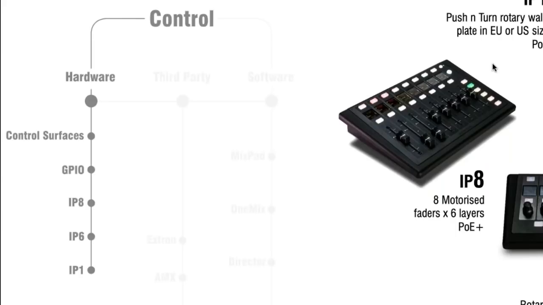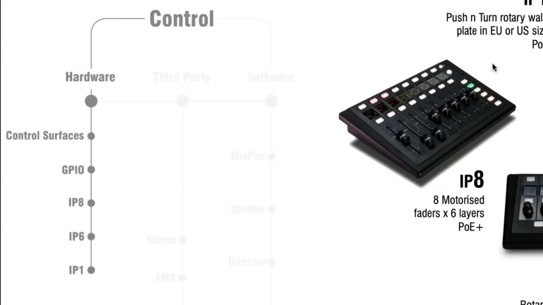And as you can see, it's just a very simple push and turn dual function rotary encoder and an LCD display. So you can imagine uses like simple level control for a room, but also preset changes if you want to change the configuration of a room by pressing the button and scrolling through a list. Or maybe source selection. So again, I've got control of the level, but I can press the button and choose the music source for the room.